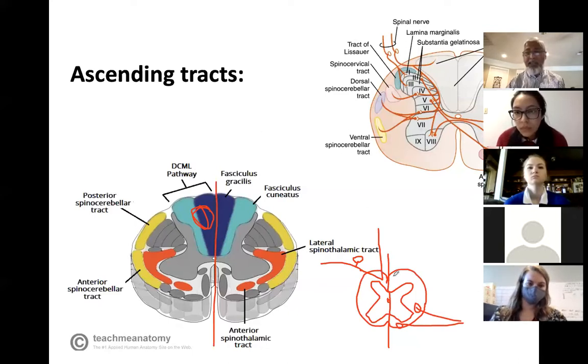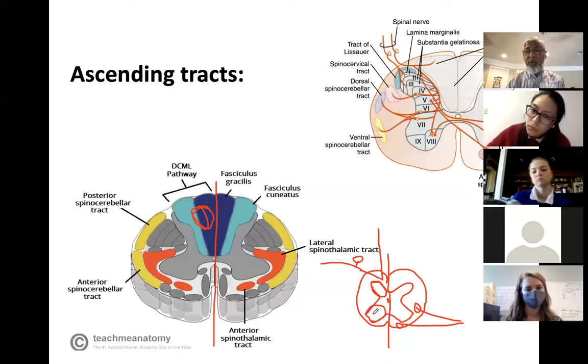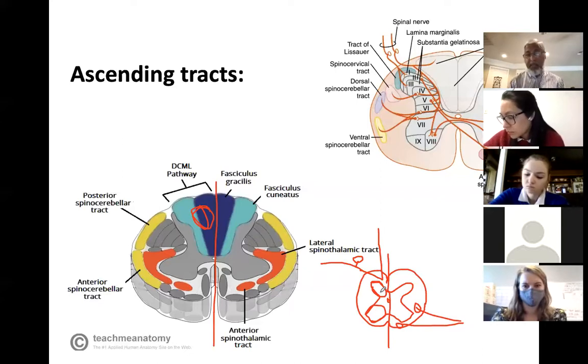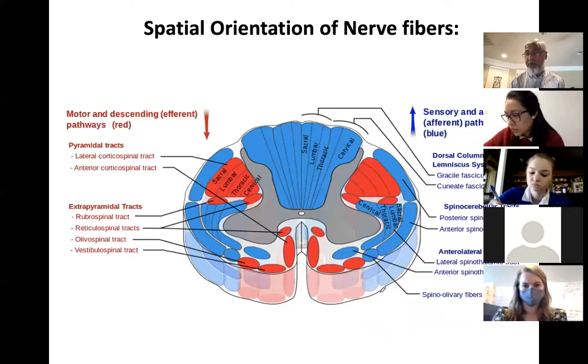One more thing: this area of the horn contains the sensory neurons, and this area contains motor neurons. So the ventral horn is for motor neurons and the dorsal horn is for sensory neurons, right? That's how they are arranged. Now, let me move forward, and if you have any question from any areas, I can always come back.